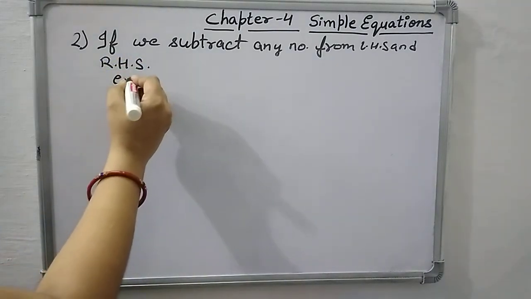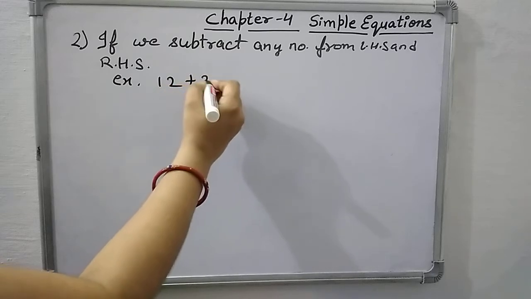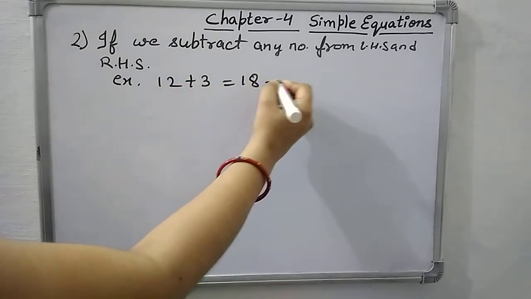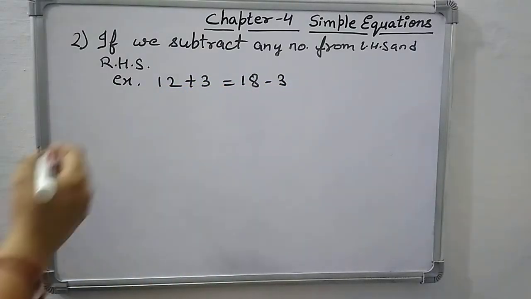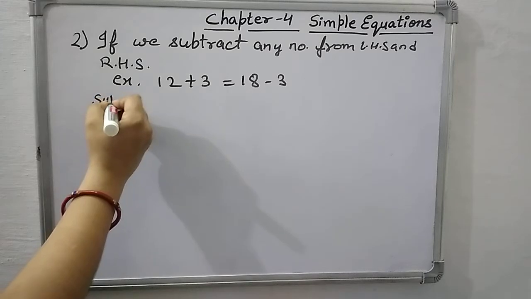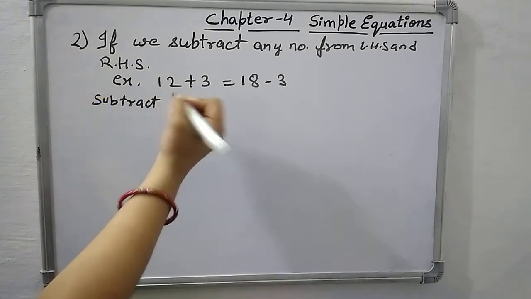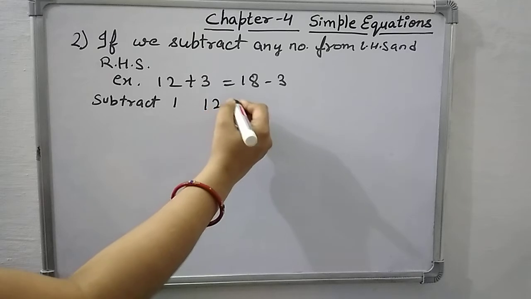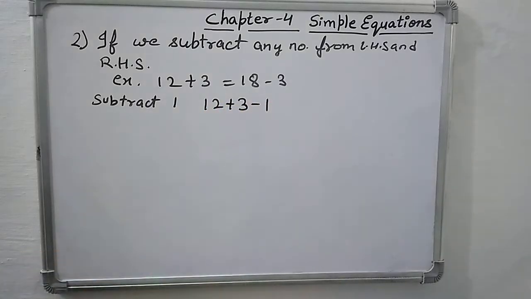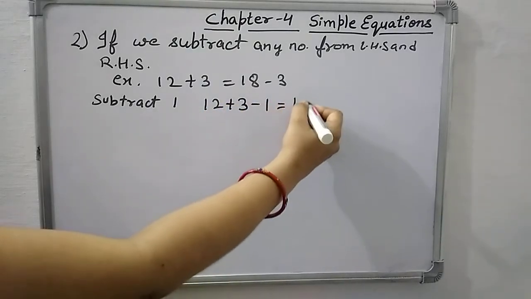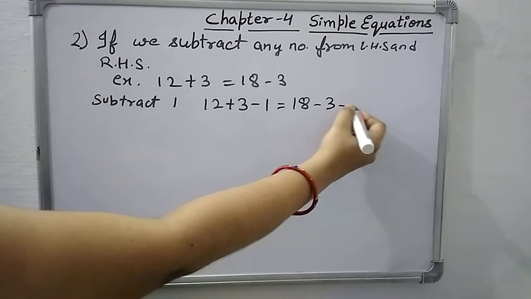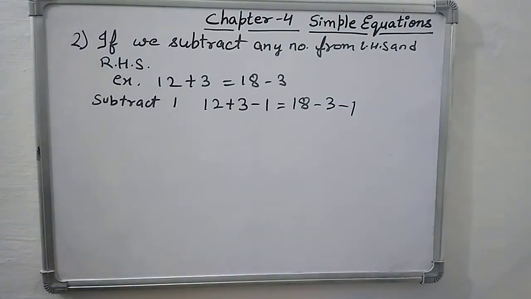So our equation was 12 plus 3 equal to 18 minus 3. Now subtract 1. So it becomes 12 plus 3 minus 1 equal to 18 minus 3 minus 1.